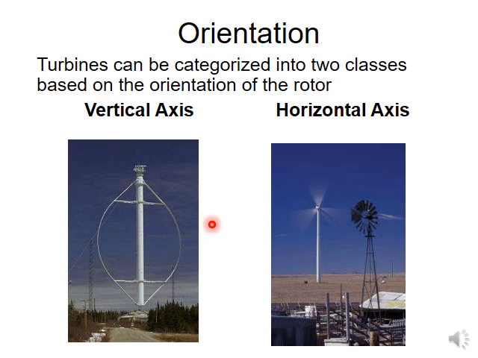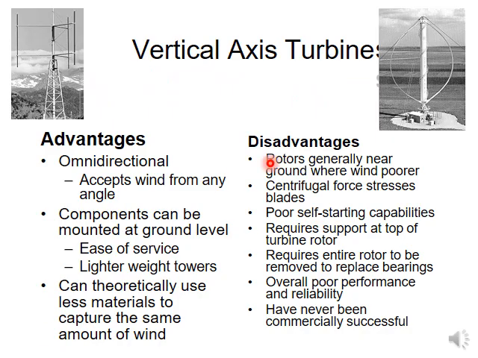If the rotor axis is horizontal, then we call it a horizontal axis turbine, and when the rotor axis is vertical, we call it a vertical axis wind turbine. Okay, depending upon the pros and cons of each type of turbine, for commercial use generally a horizontal axis turbine is used.